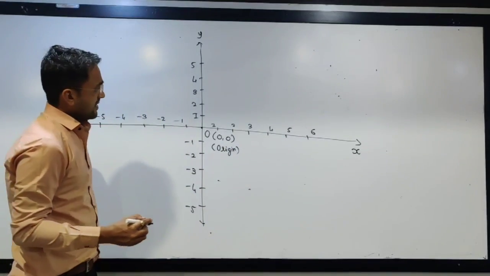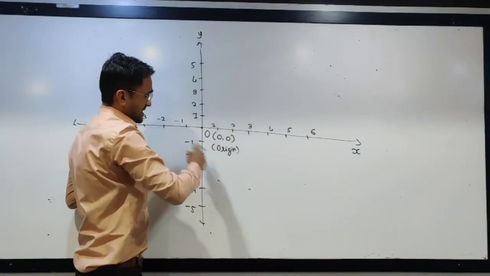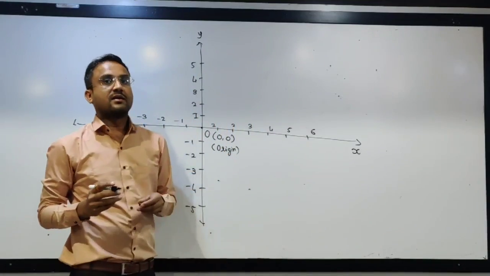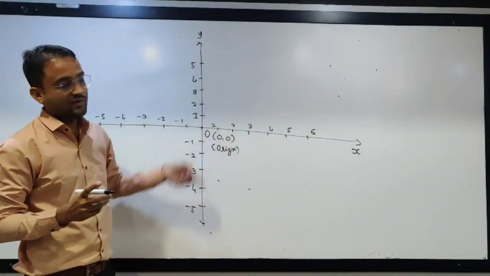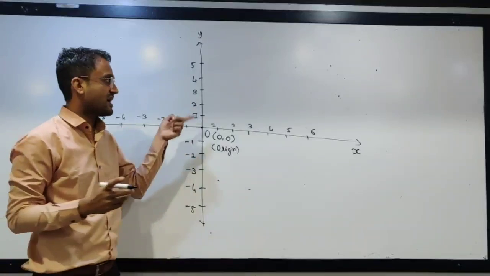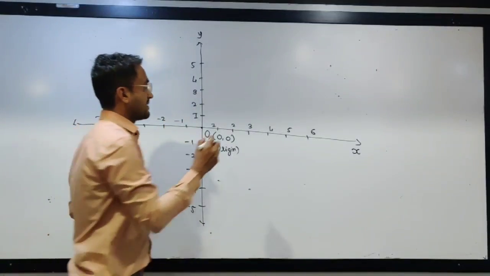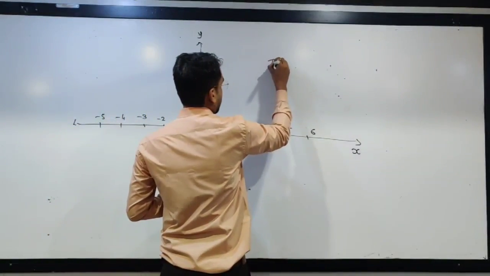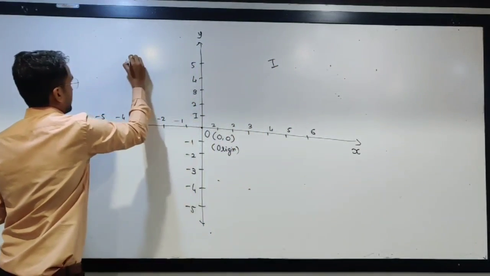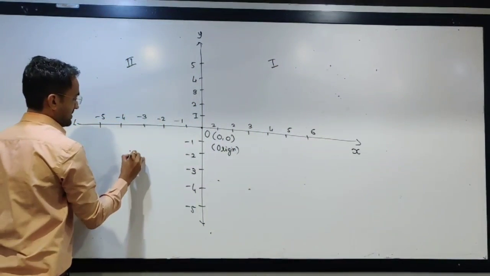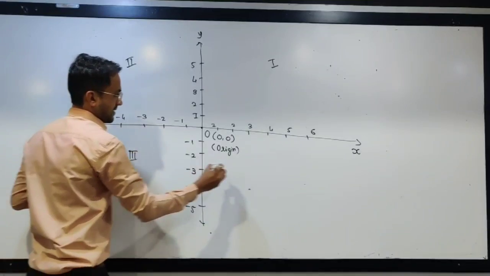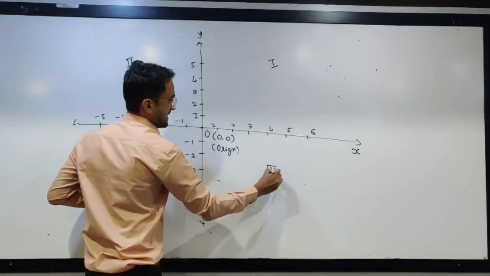Now, these two axes, the horizontal line and the vertical line, x-axis and y-axis, divide the entire plane into 4 parts. These 4 parts are called quadrants.